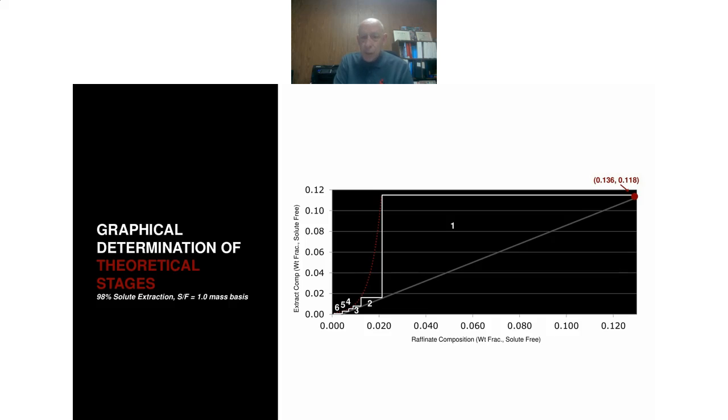If 98% extracts, you can calculate what the extract concentration needs to be. The other end, if you want 2% of your solute left, you know what your raffinate concentration needs to be. And of course, you know your solvent coming in. So you draw your operating line, and you can see you have to step off 6 theoretical stages at a solvent to feed ratio of 1 to get 98% extraction.